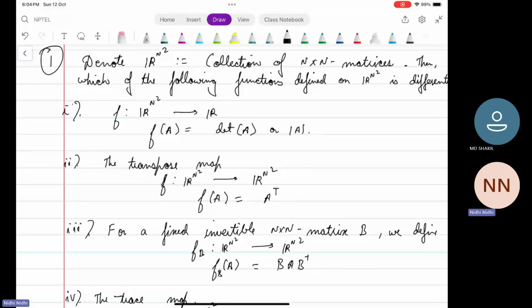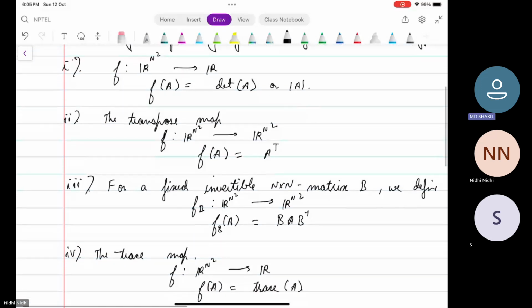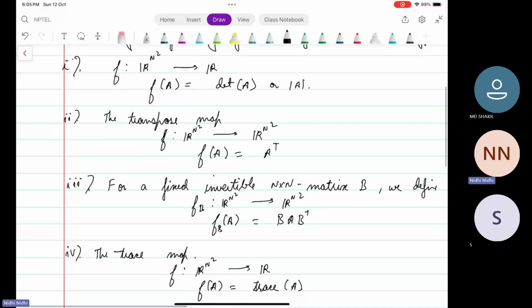All you need to notice is that the rest of the three options are all linear transformations. And we know that every linear transformation is differentiable.